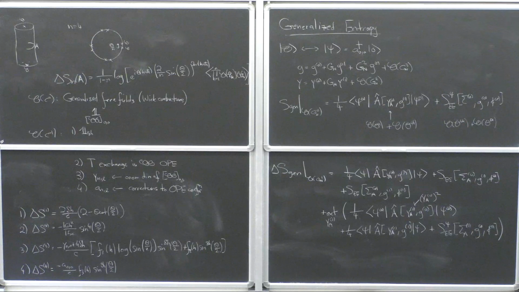On that point, a pedestrian comment: it's generally true in any system that shape variations of the entanglement entropy are finite, even though you're moving the surface and changing its area. If you have a 2D CFT and an interval in the vacuum, the entanglement entropy is log of length over epsilon, and when you take derivatives with respect to the length, the epsilon doesn't contribute at all, and you get rid of the cutoff.